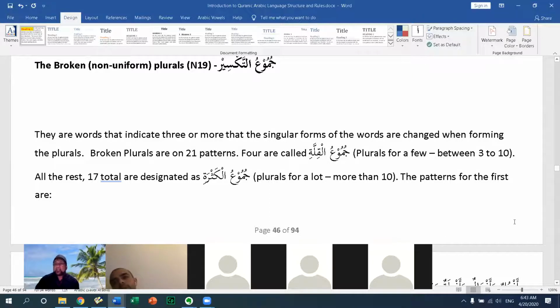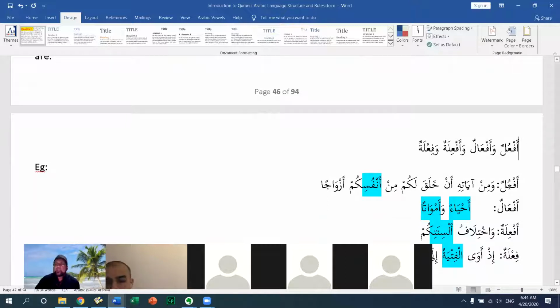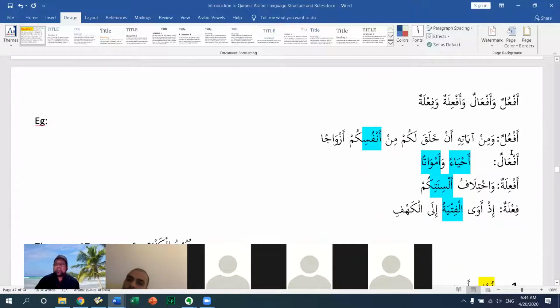Jumu'ul Qilla, 4 patterns. Af'ulun wa af'alun wa af'ilatun wa fi'latun. What does that mean? That means that the pattern of the plural will be on one of these. For example, for af'ul. So I give you examples for each of them. Af'ul.